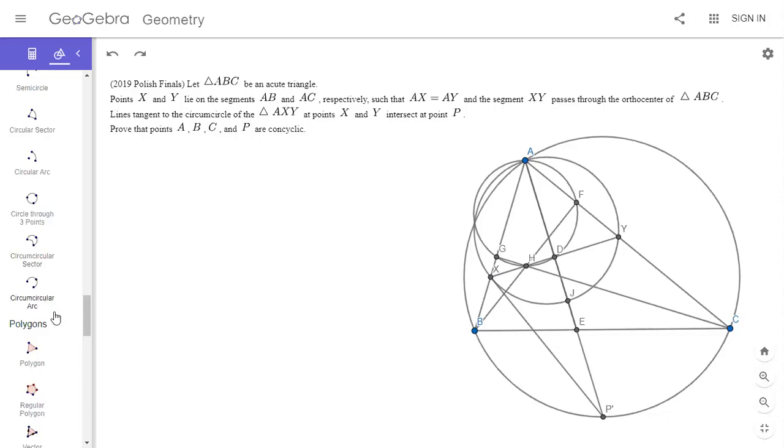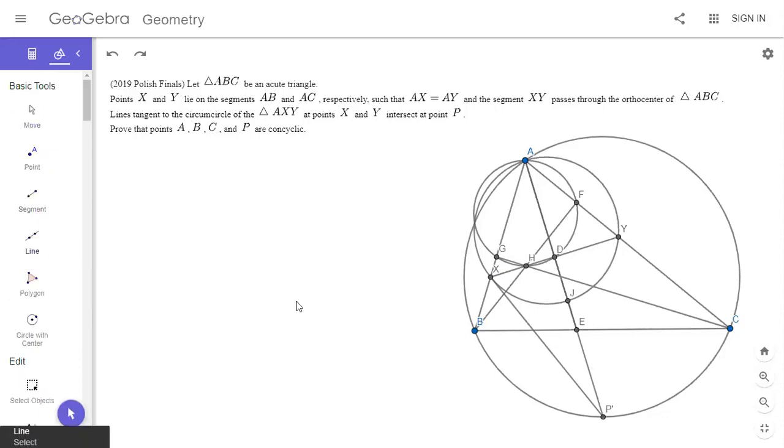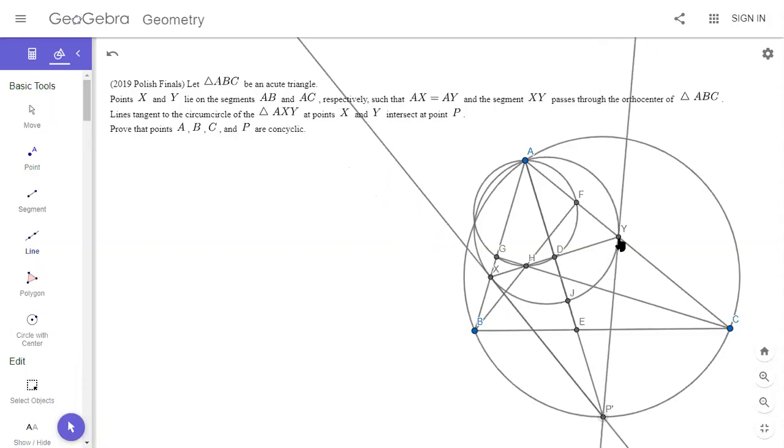So I wonder if that's true by an angle chase. So basically we want to show the distance from A to XY is the same as the distance from A to P prime X.